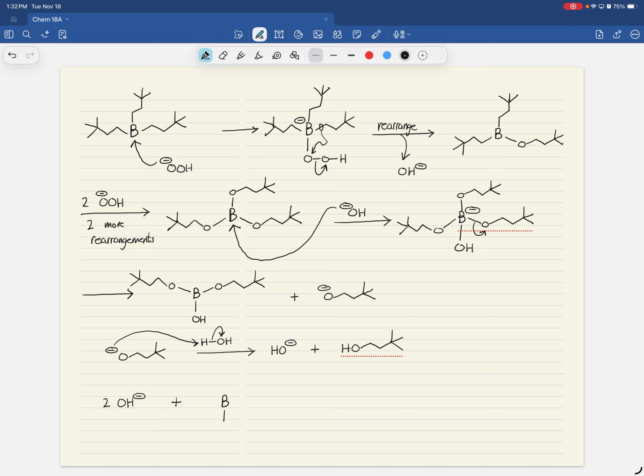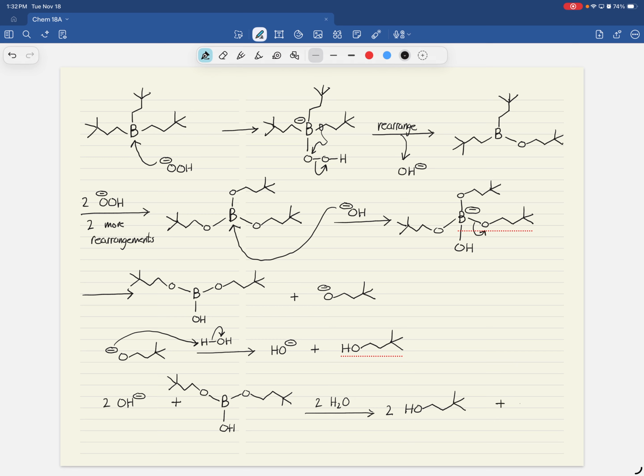Okay, so we have OH, as well as with water. So this is going to cleave it and also protonate the alcohol. So we get two more molecules of our alcohol.